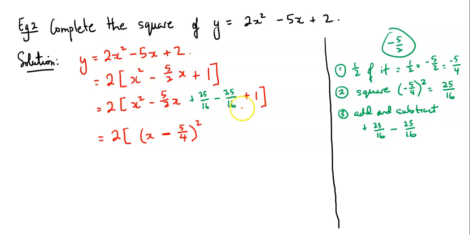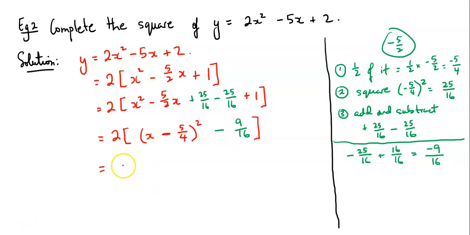Then we evaluate the last two terms: negative 25 over 16 plus 1. Now 1 will be 16 over 16. The denominator is the same, 16, and for the numerator we just add: minus 25 plus 16 gives us minus 9. So we have minus 9 over 16.